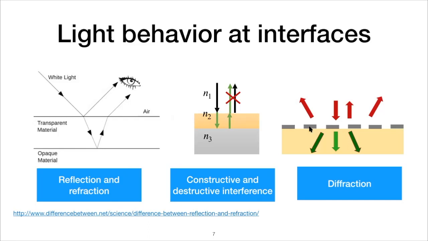Another observed phenomenon is called diffraction, which is due to the interaction of light with periodic surfaces that have periodicity close to the wavelength of the incident wave.